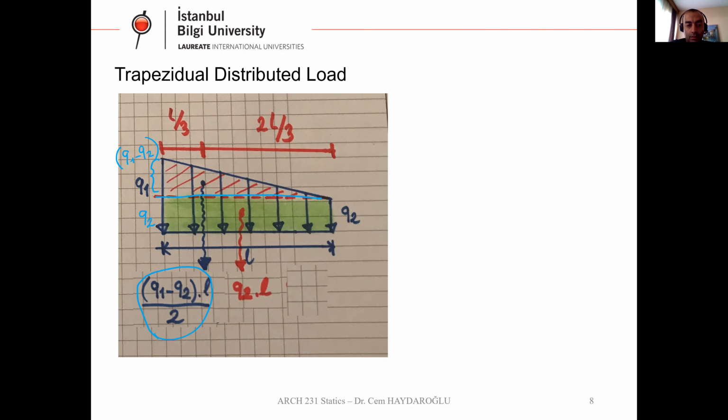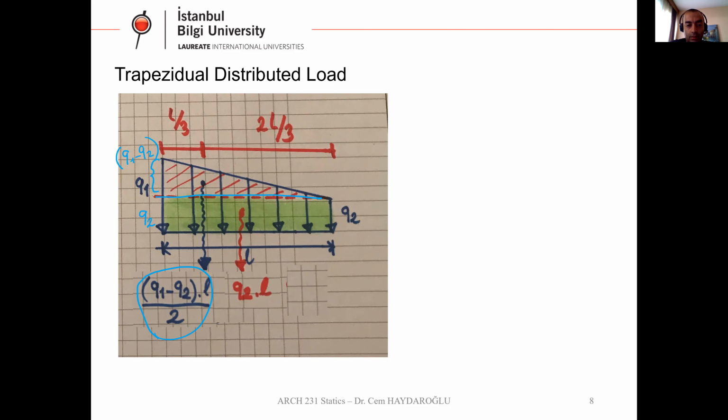So the load location is really important here. What was the rule? From the highest loading point, go back L over 3. So the total is L here. This part is, as you can see, L over 3.